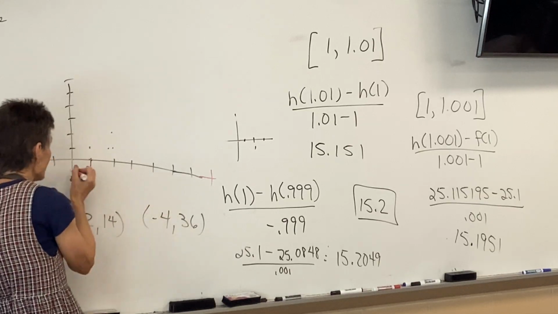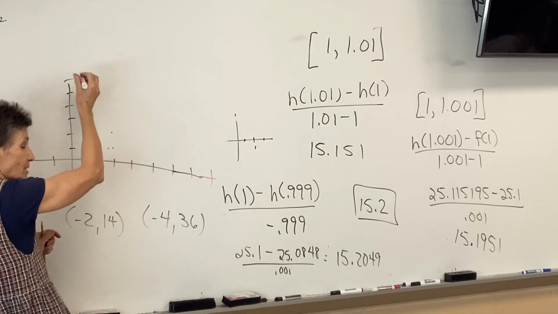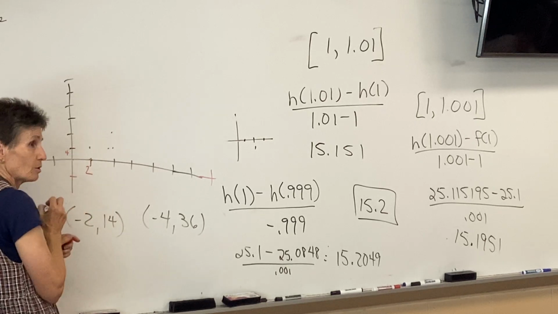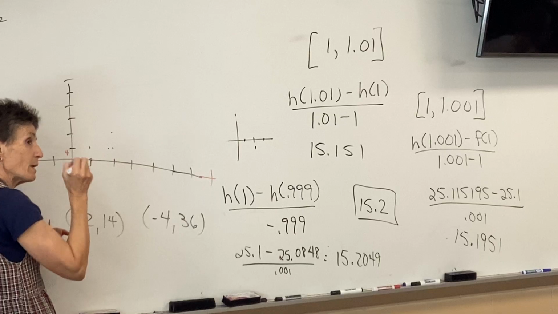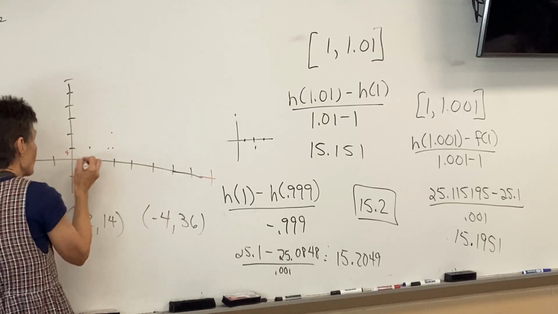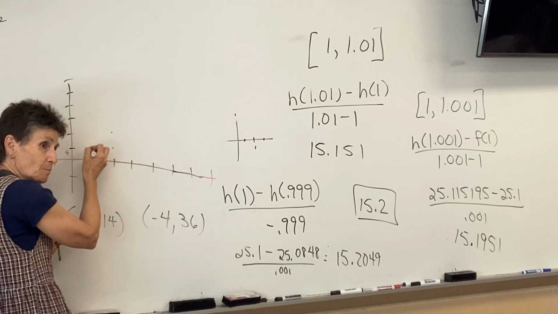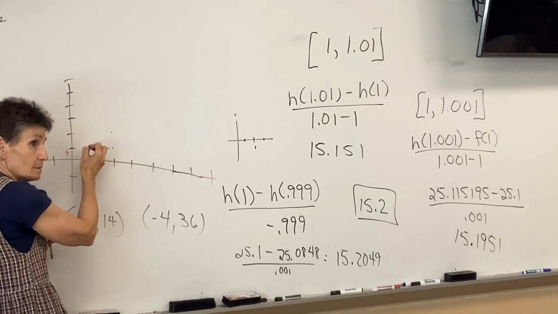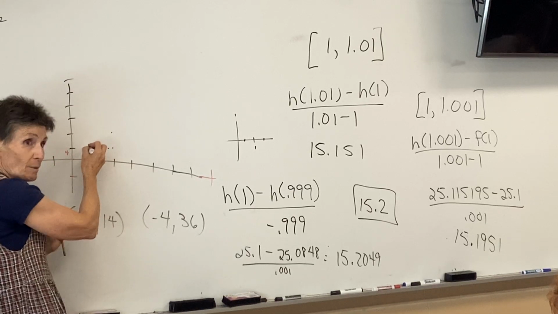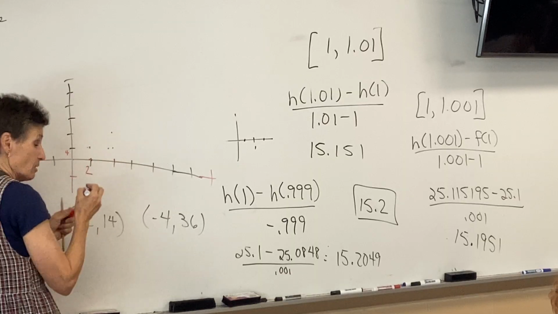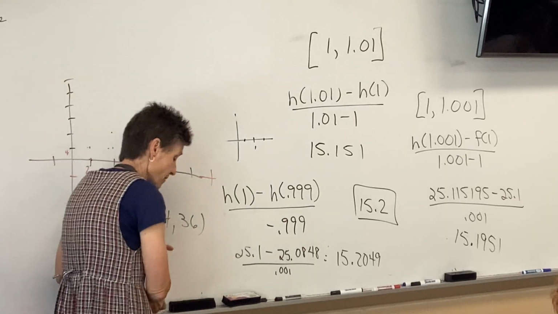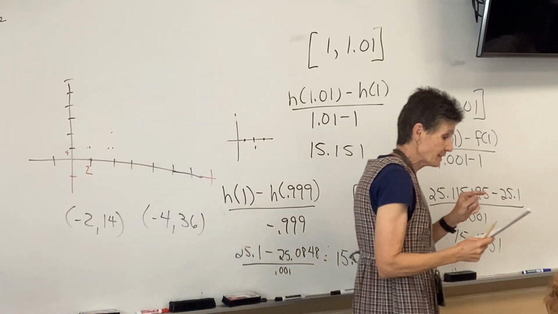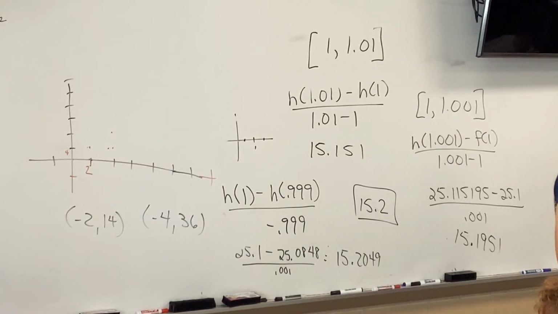But the Y's are from -4 to 36. So each step you take is worth 4. So it looks like on the picture that you're going over 1, up 1, but you're really going over 2, up 4. You see what I'm saying? Because of the scale change. So pay attention to that. There is one more thing I want you to notice though. I'd like you to look at table 2.